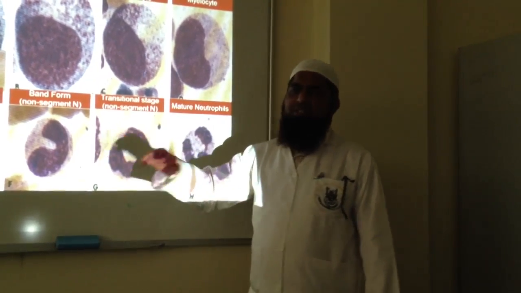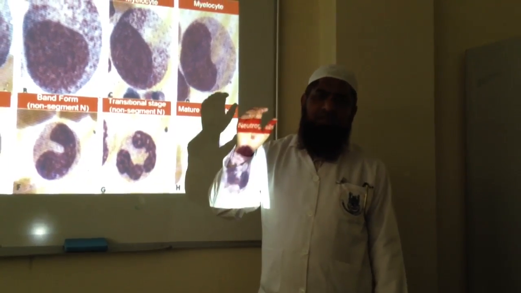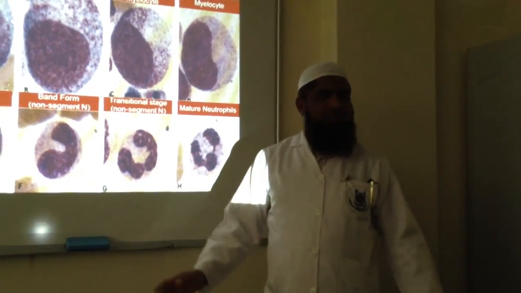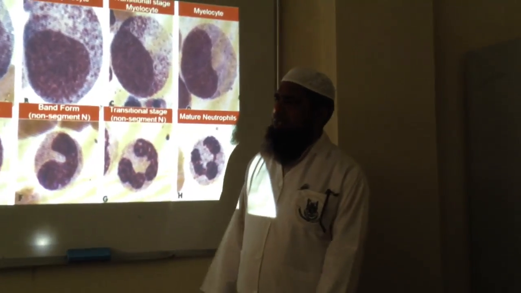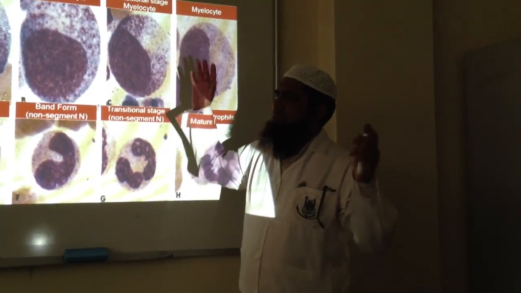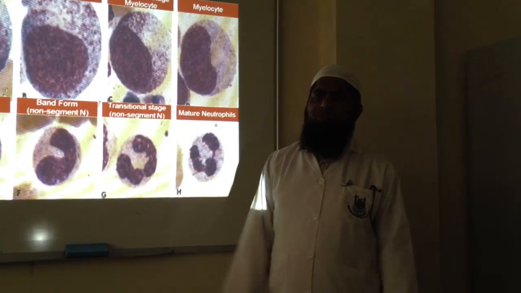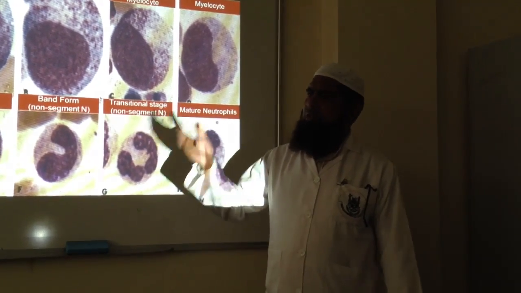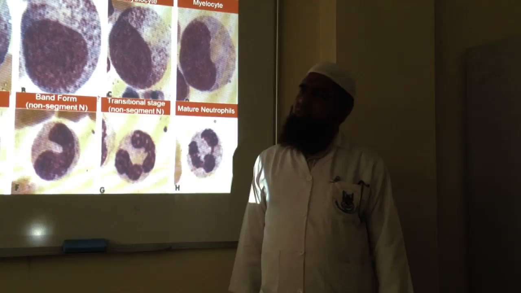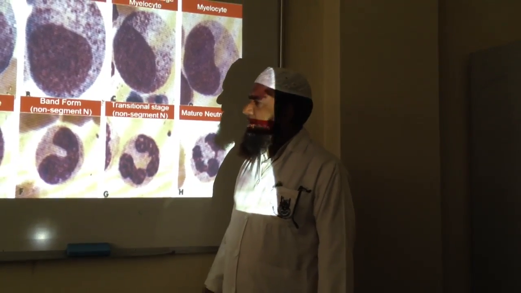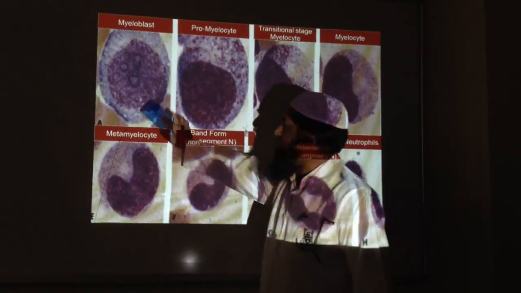If the infection is persistent, long-standing, widespread, with most of the body involved, then bone marrow is very active, sending too many neutrophils outside. Leukocyte count goes up very high, maybe more than 100,000, and this barrier is almost finished.